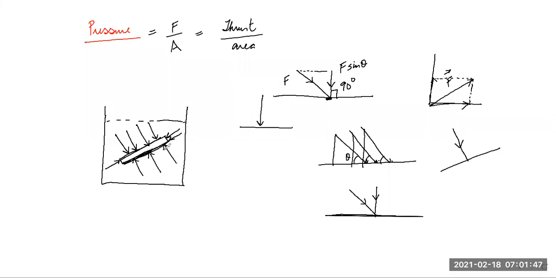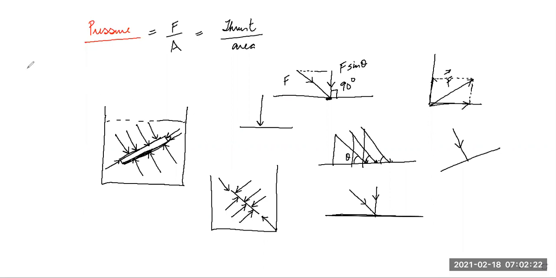So on the whole, we can conclude, if this is a container, and let's say this body is there, which has inclined surfaces, the liquid will exert force on all the inclined surfaces, perpendicular to them. It's a very, very important understanding, and this is related to this also.